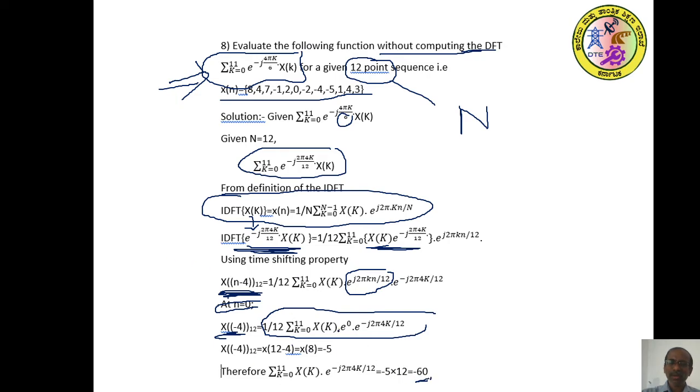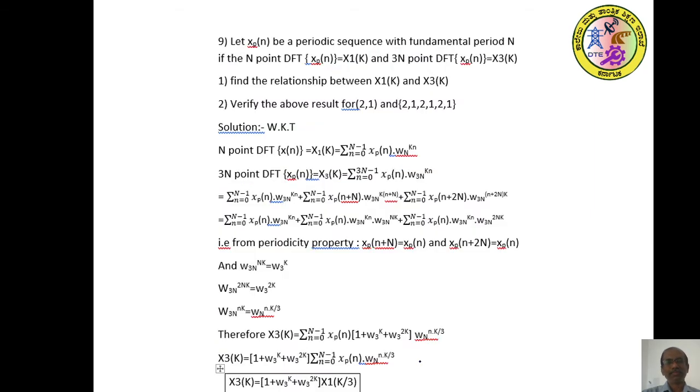So in the left side, only left out is summation k is equal to 0 to 11 x of k into e power minus j 2 pi 4k by 12, which is the required answer. So your answer is minus 60. It's a small idea here of how to use the IDFT formula to reach this particular formula.